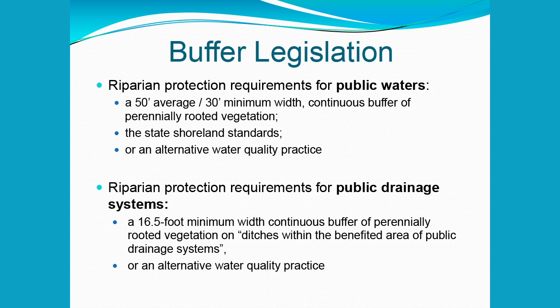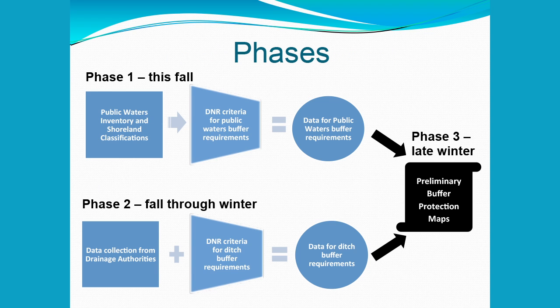And so what we've been trying to do in phase 1 and phase 2 of this process is pull together the public waters information, get that into a format that is reasonably accurate, and show that on the maps that we will develop. And I'm using the pointer here is that preliminary buffer protection maps are what we're hoping to produce by February.